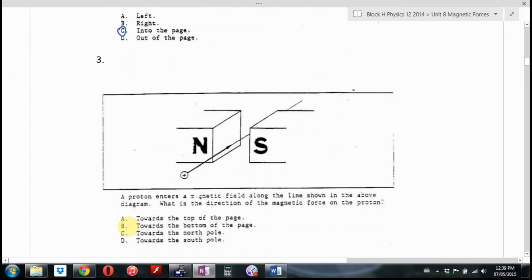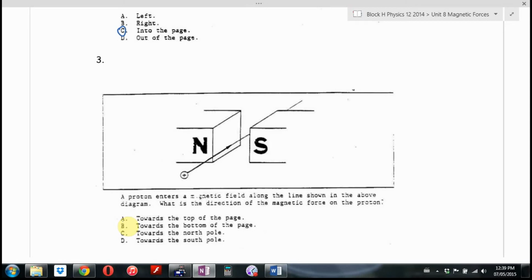Number 3. Now, instead of a current in a wire, I've just got a proton moving. But you know what? A proton moving, that's what's happening inside the wire. That's like a current. So, which way is the proton moving? See the two magnets? What direction is the magnetic field between them? Magnetic field lines always point from what to what?